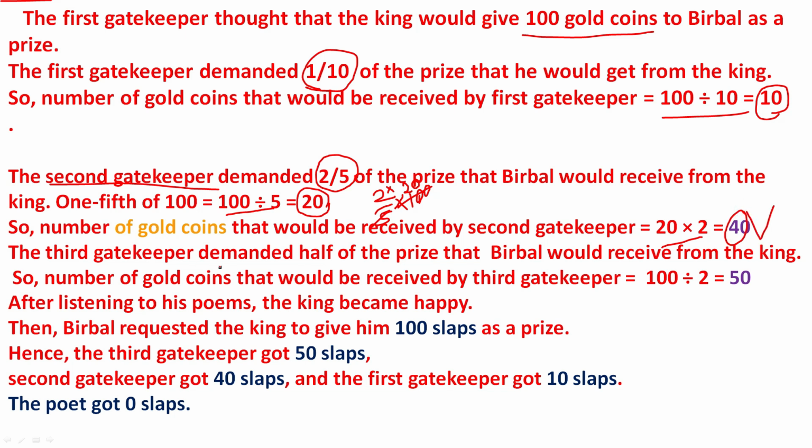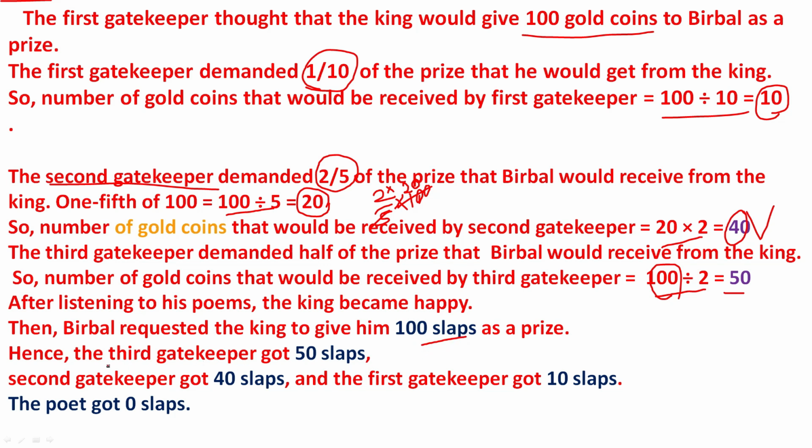The third gatekeeper demanded half of the prize. That means out of 100 coins, half of 100 is 50 coins. After listening to his poem, the king became happy. Birbal requested the king to give him 100 slaps as a prize.